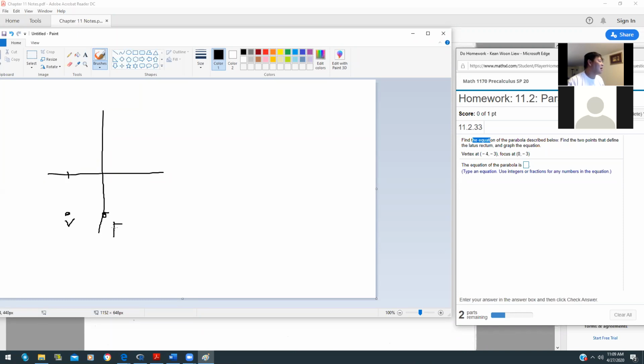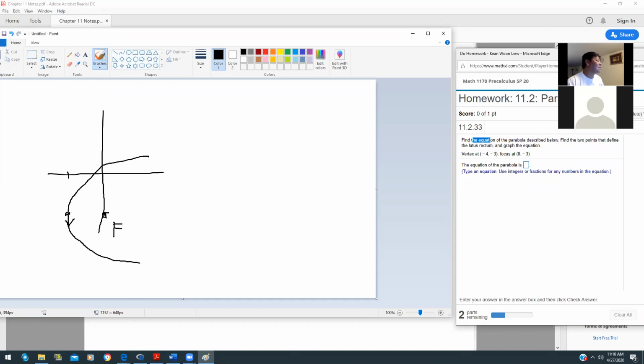So you can tell that if your vertex and your focus point are on a horizontal line, then this graph will open to the right. So this is how you figure out first what kind of graph this will be, and after that you can figure out the equation of the parabola.